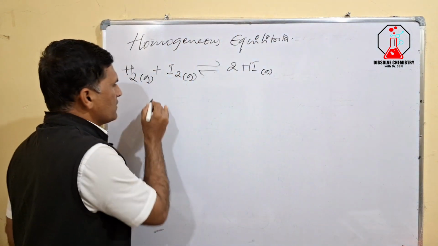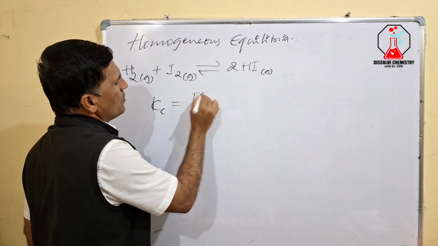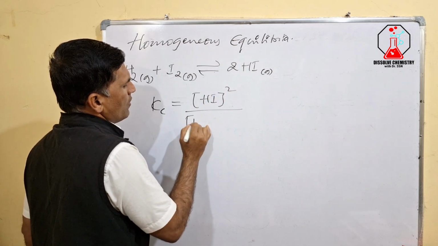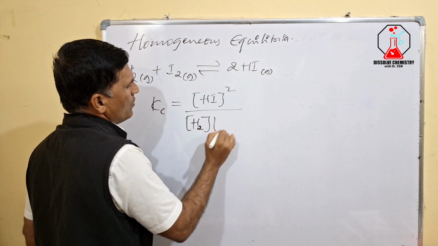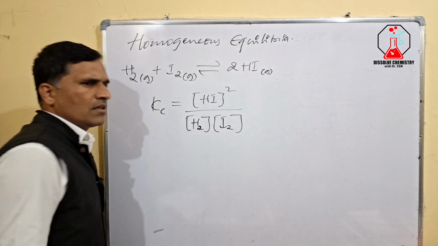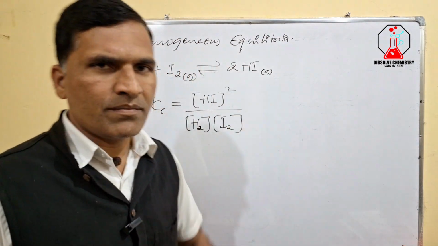Kc is equal to [HI] raised to the power 2 divided by the product of the molar concentrations of hydrogen and iodine. This is how we express this equation in the law of chemical equilibrium.